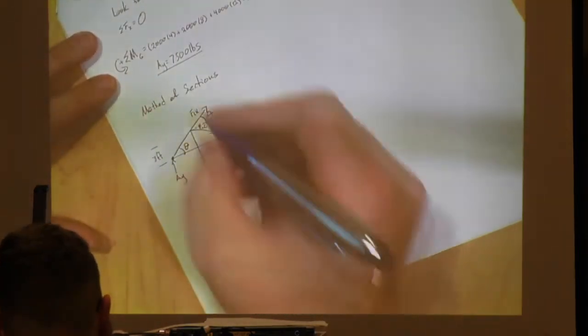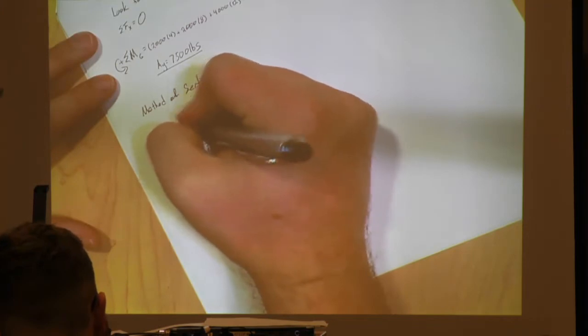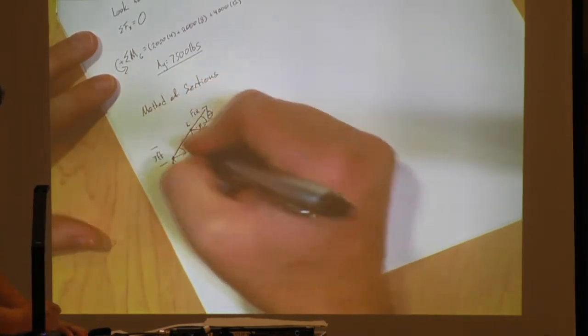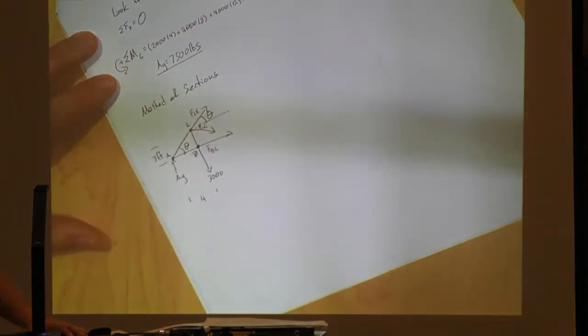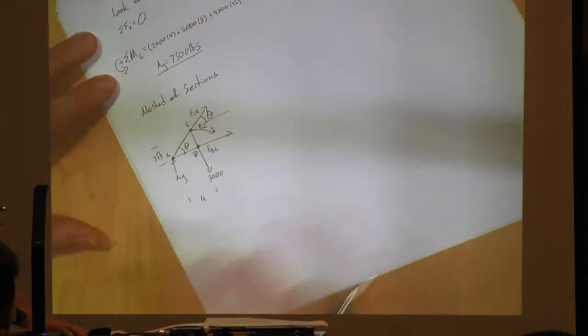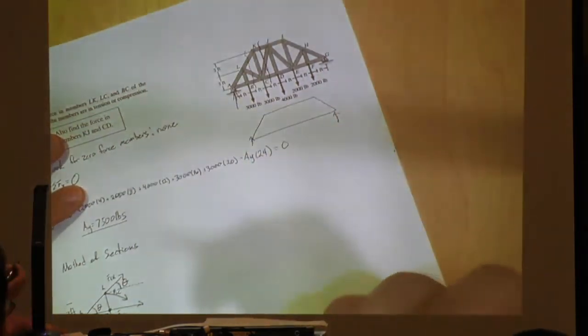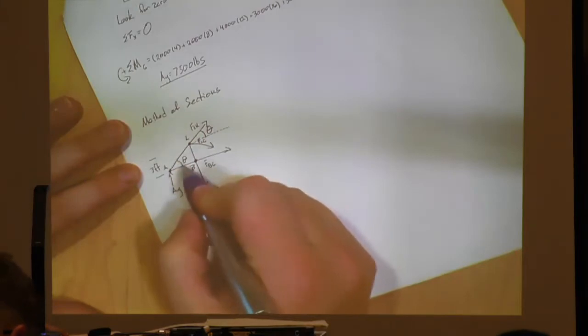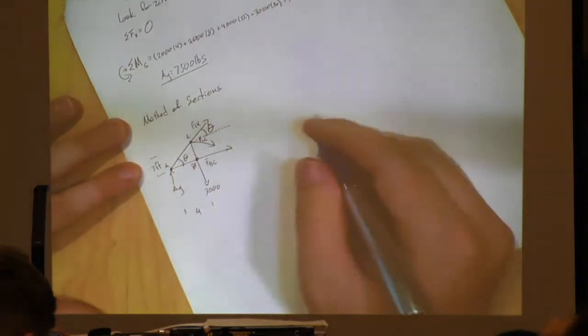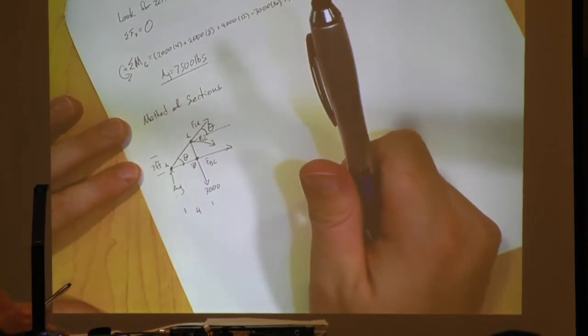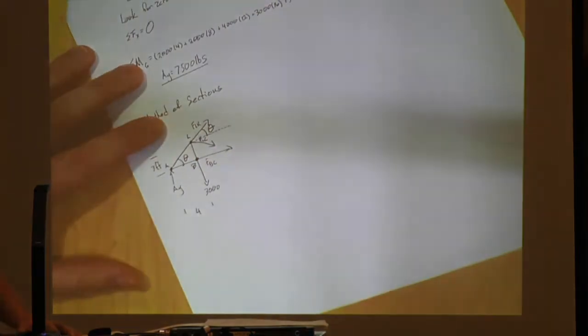All right, and then we have L, A, and B. We have the geometries, now we have to find the angles. So we have to find theta right here. How do we do that? Tangent inverse, yes.